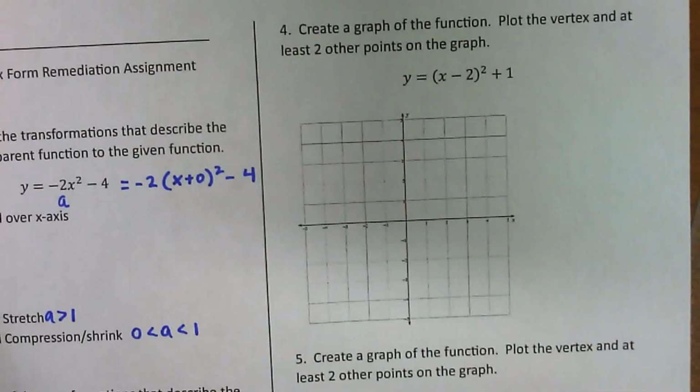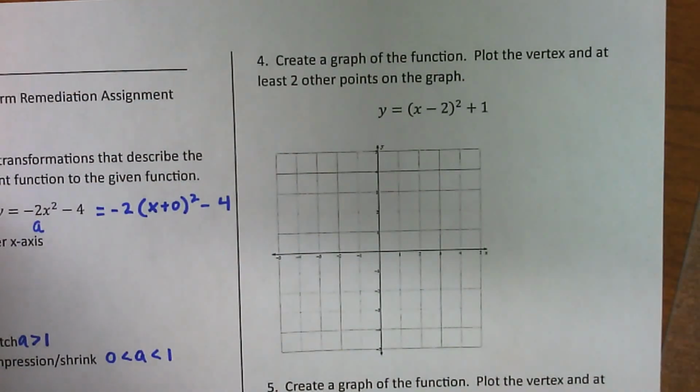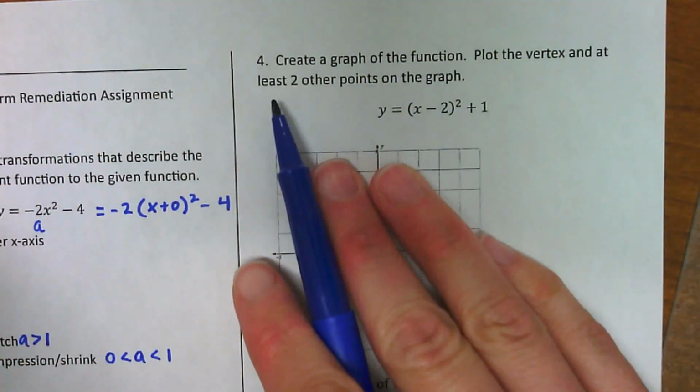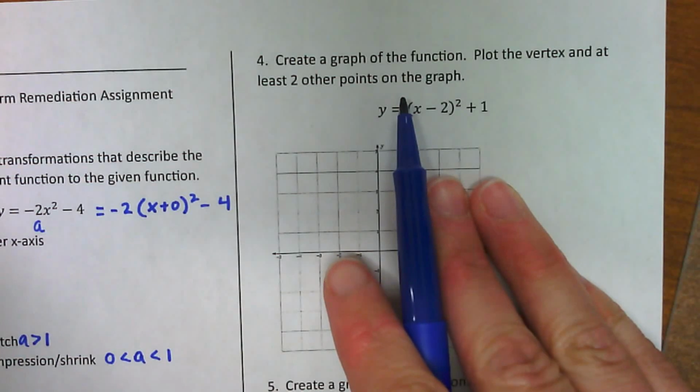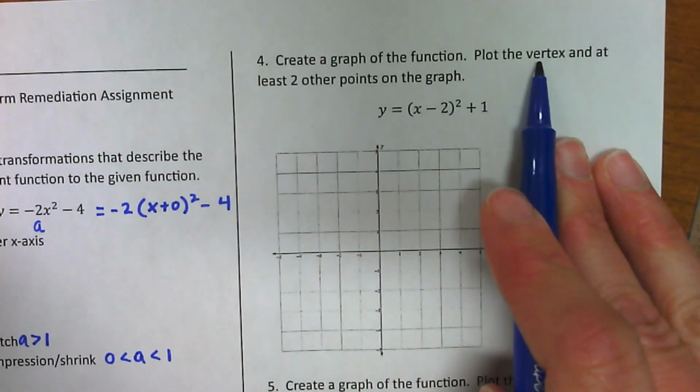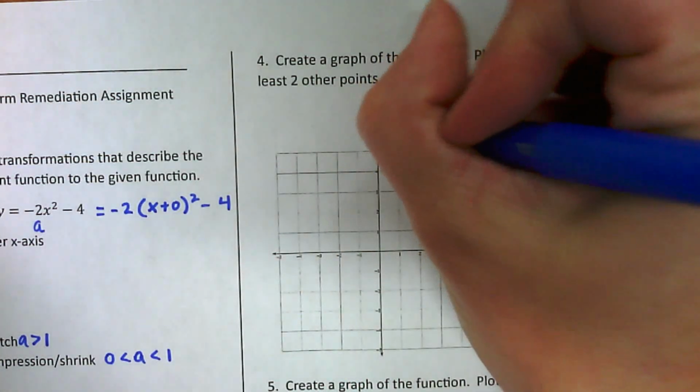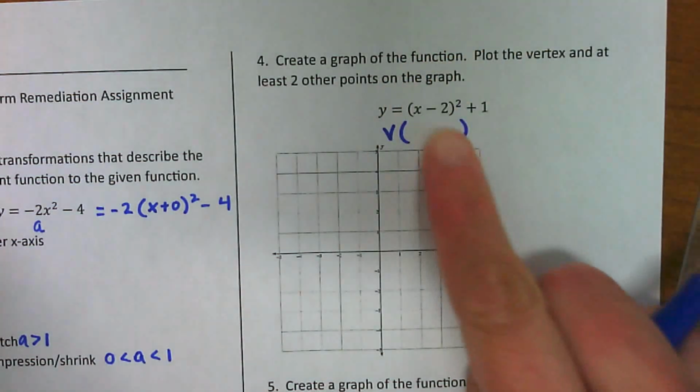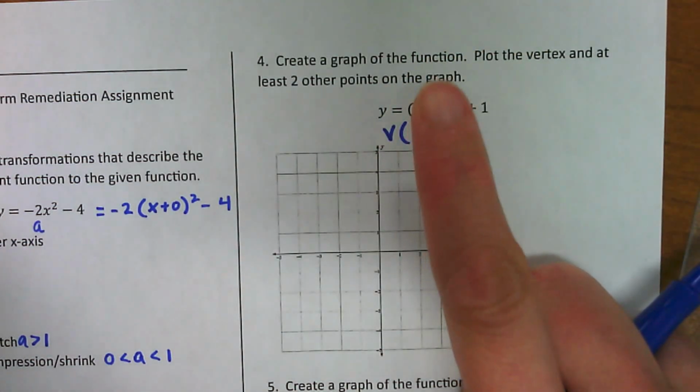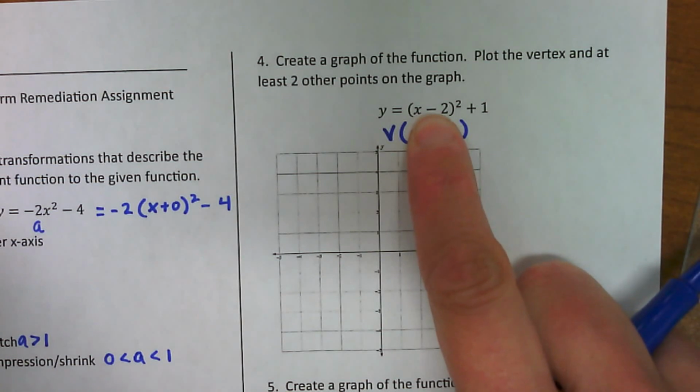Number 4. Create the graph. Plot the vertex and at least 2 other points. So we're going to get our vertex first. Our vertex comes from the shifting that's happening. On the inside, this tells us if it goes left or right. Since it's a minus sign, it's telling us it goes to the right.